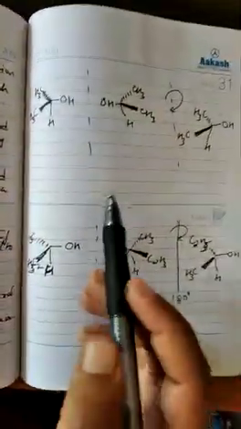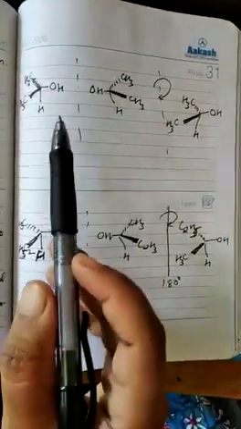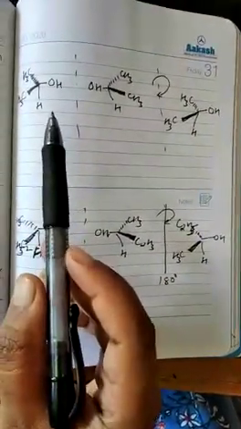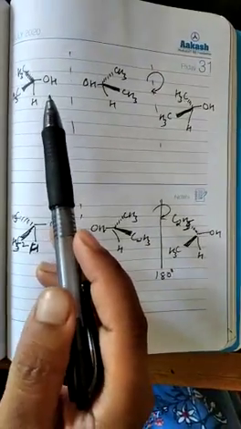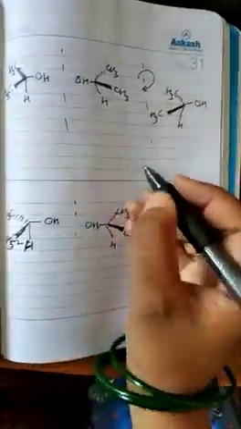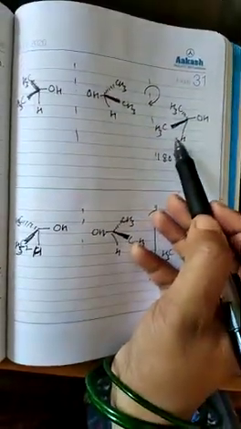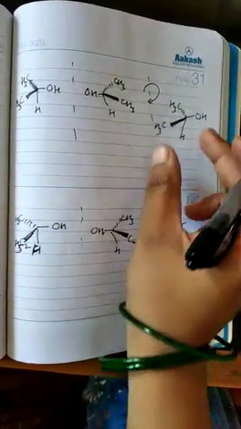Let's study it from an example. This is the example of propan-2-ol. Here you can see that when we rotate the propan-2-ol by 180 degrees, we get this image.